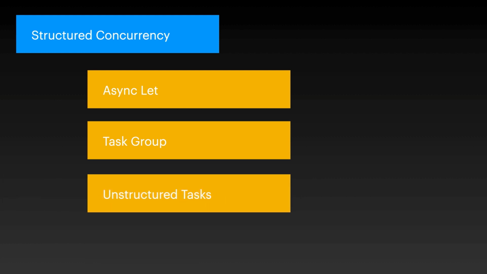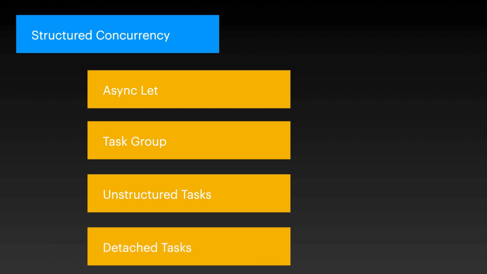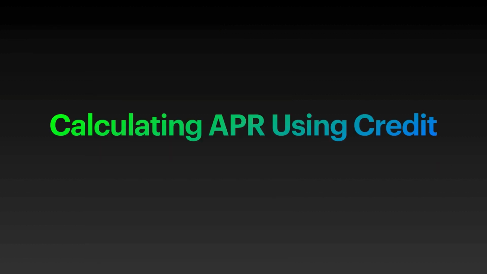We will also look at unstructured tasks, which means tasks that you want to execute, but they are not in the asynchronous context. And finally, we're going to look at detached tasks. We're also going to look at task cancellation, so you can cancel your task. And all of this will be explained using a real-world example of calculating the interest rate using the credit report. So let's go ahead and get started.